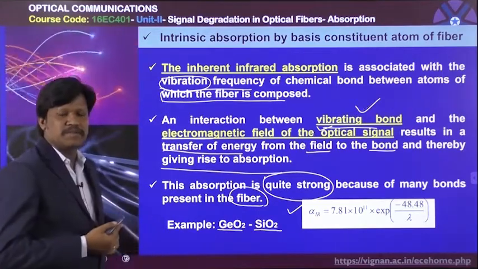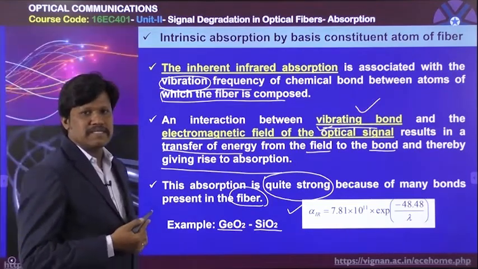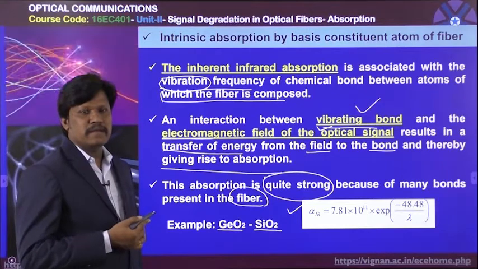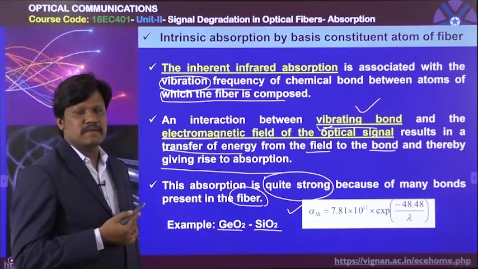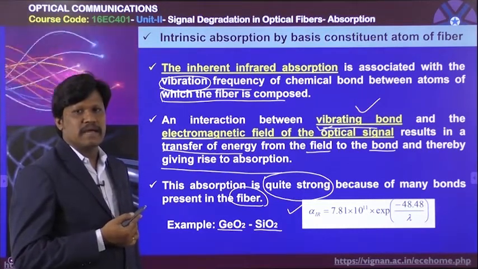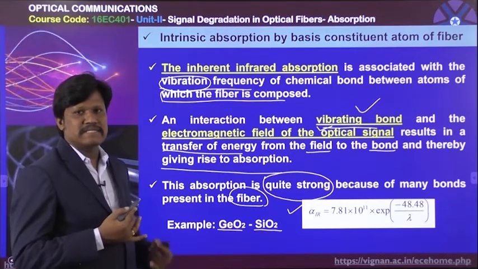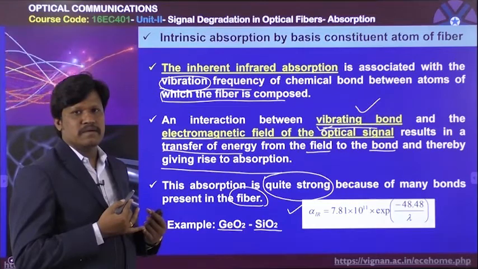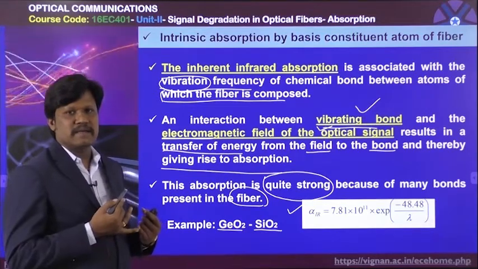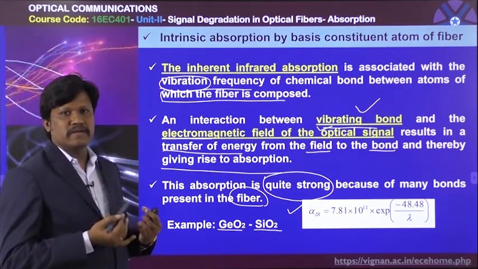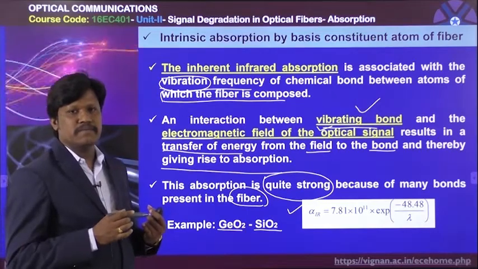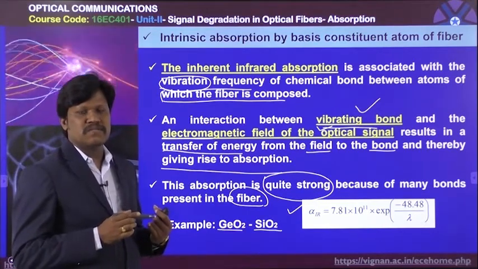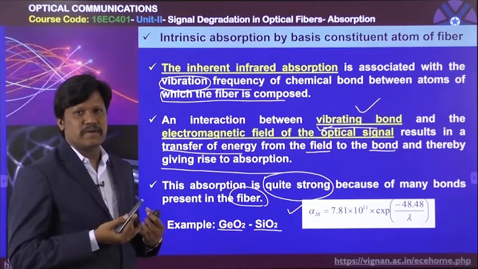This is about absorption. Absorption is basically due to atomic defects in the glass composition, second, extrinsic absorption by impurities in the glass material, and third, intrinsic absorption by the basic constituent atoms of the fiber.